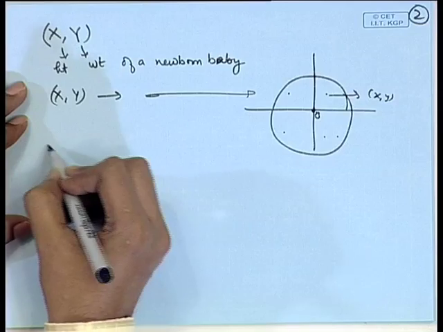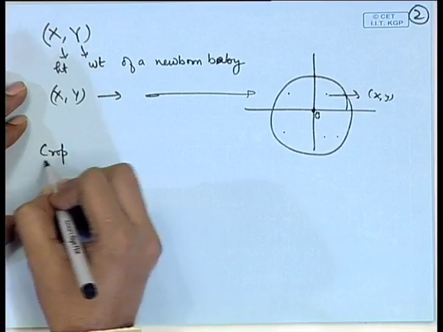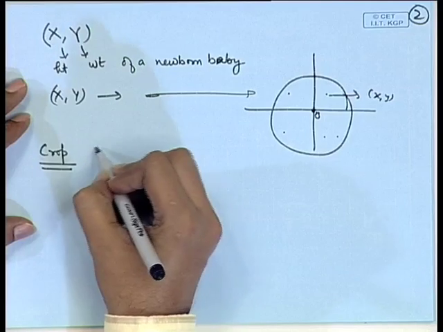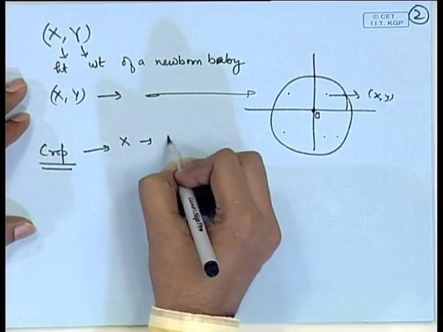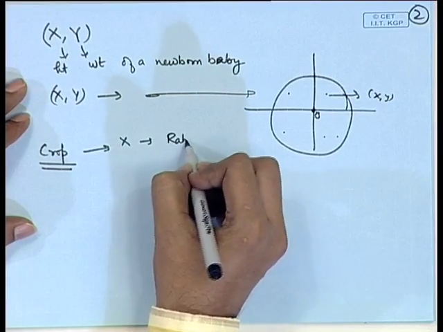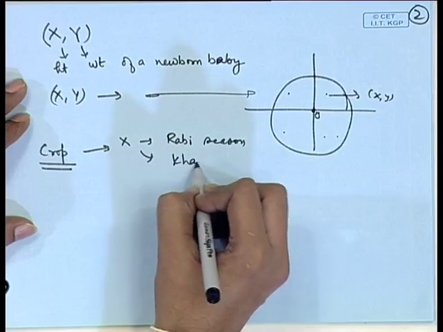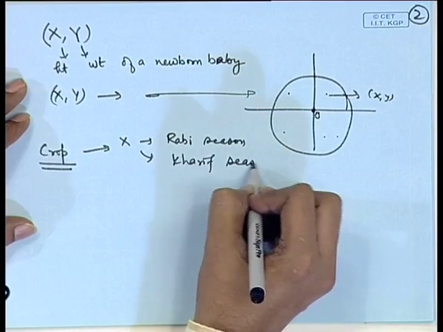Suppose we are considering crop in an area, say in the Rabi season and in the Kharif season in a year.